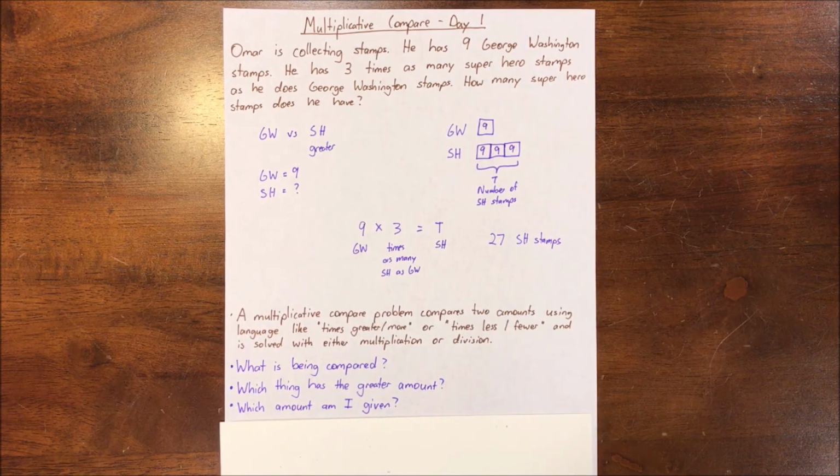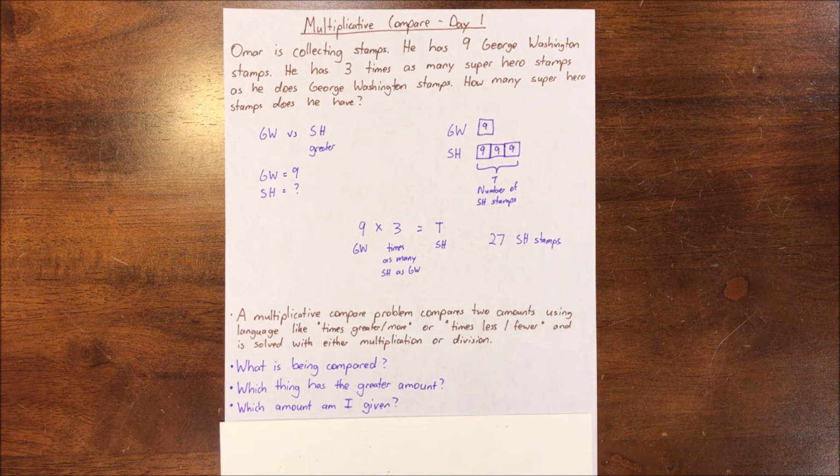We already know that we solve by multiplying 9 times 3. Remind me, why do we choose to multiply or make more groups? Say it out loud. Right. There were more superhero stamps, and we were given the George Washington stamps.